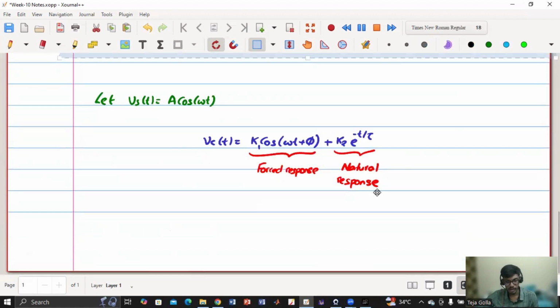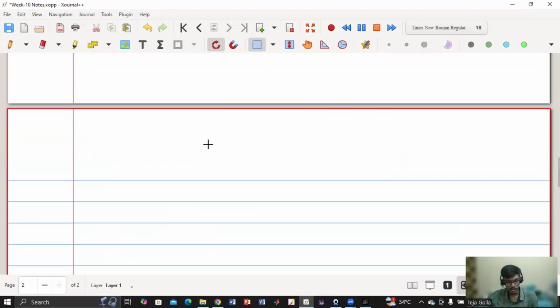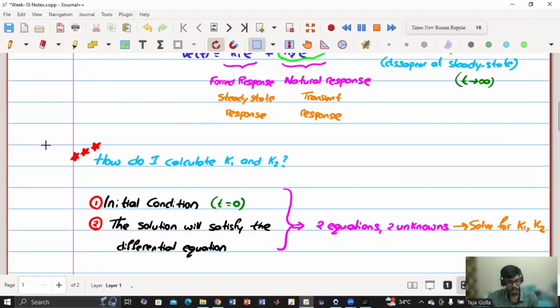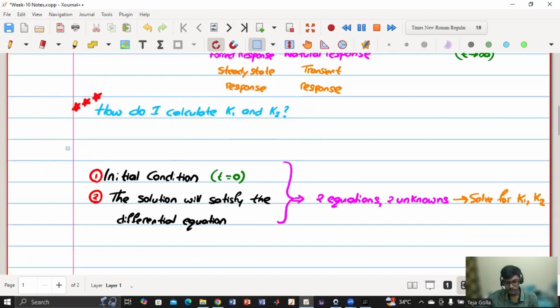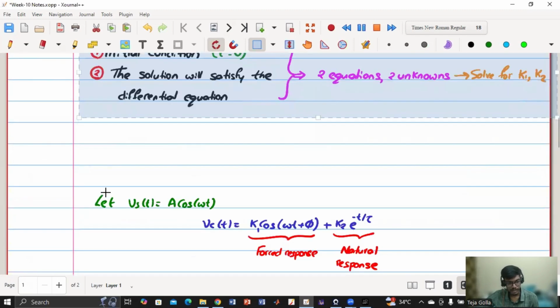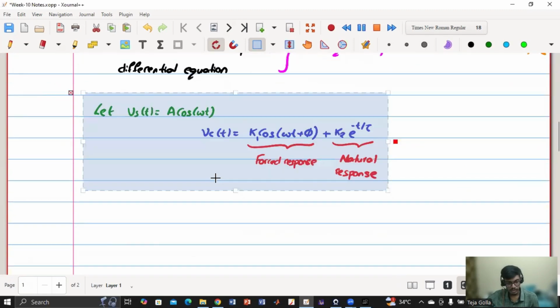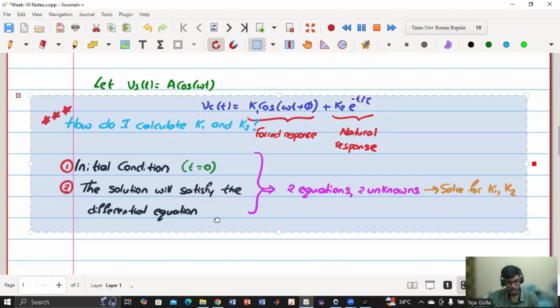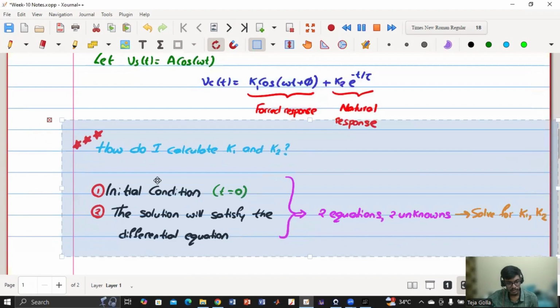We have two equations, two unknowns. The solution that we are supposed to get is satisfying the linear differential equation. So we'll substitute that, and another equation we'll get from the initial condition. That's how we'll get it.